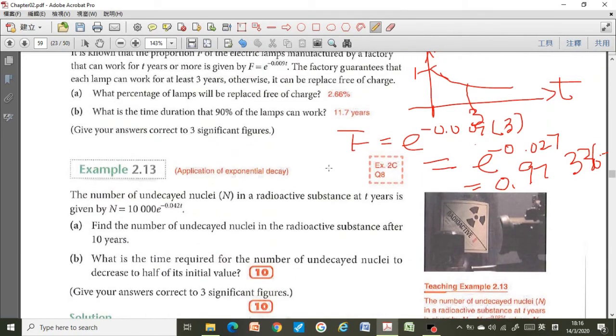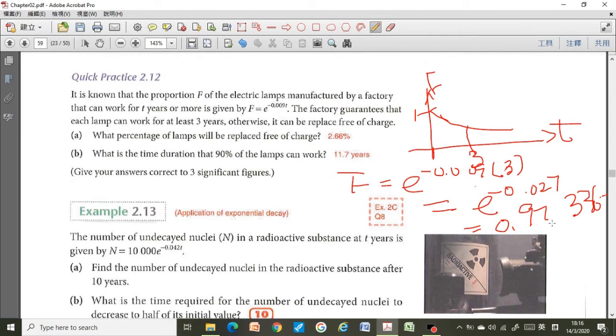But this one is the lamp that still works. You want to find the percentage that is out of this range.